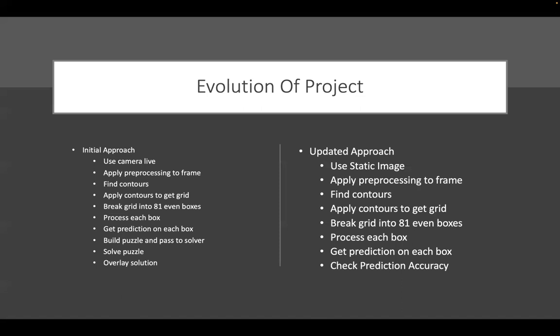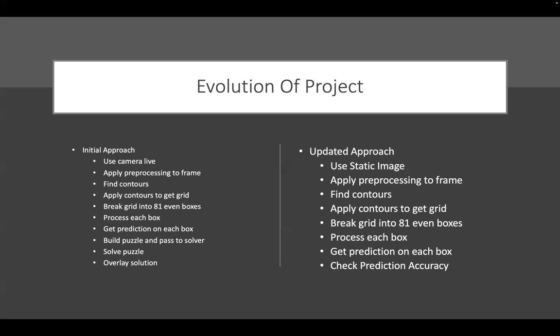You want to find the contours, essentially the lines, and then use these significant lines to find the main grid of the puzzle. Once we find the grid, we want to then break it into 81 even boxes, and then process each box to then eventually get a prediction on the box.